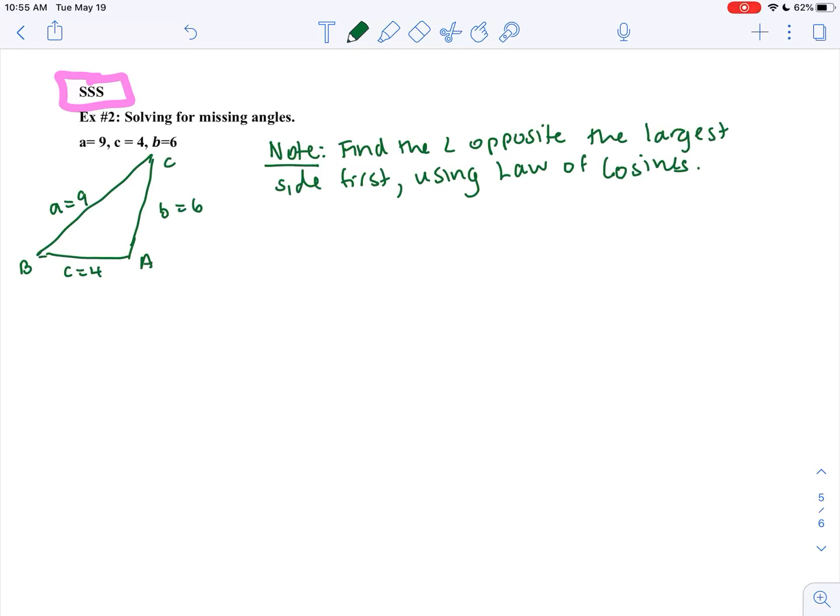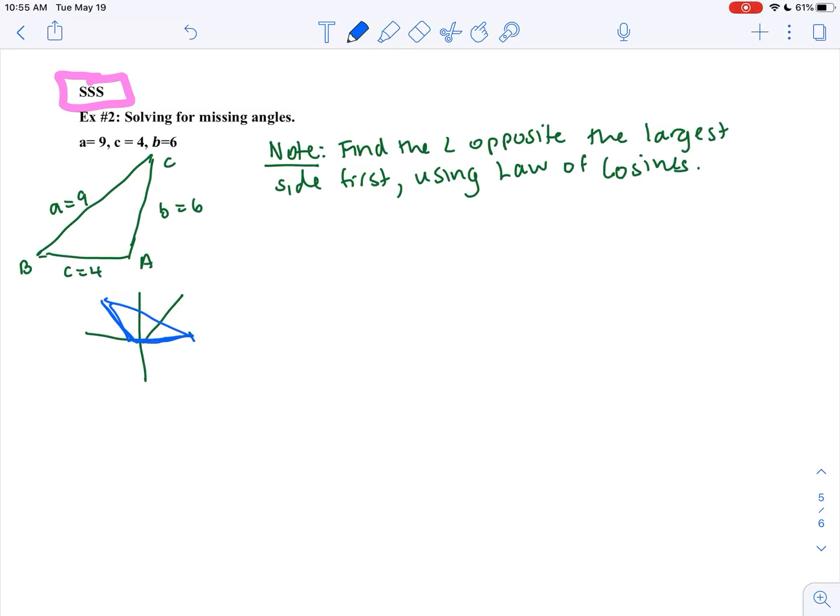And the reasoning for that is, if you think about cosine, it's positive in the first quadrant and negative in the second quadrant, which means that an obtuse angle measure does exist if we're trying to find the cosine of an angle.